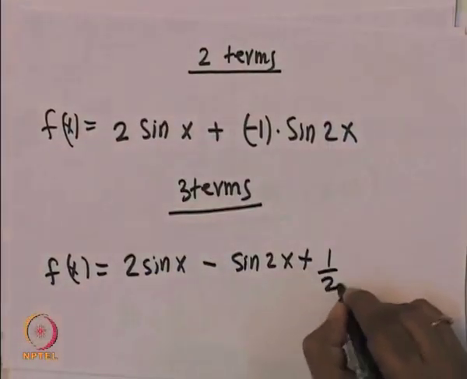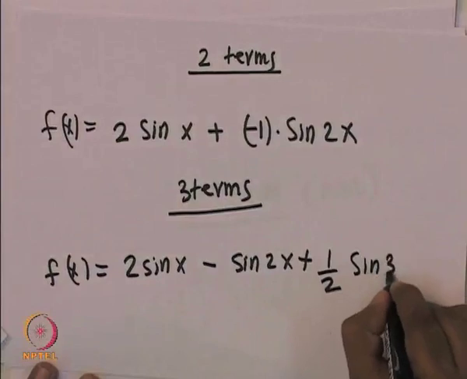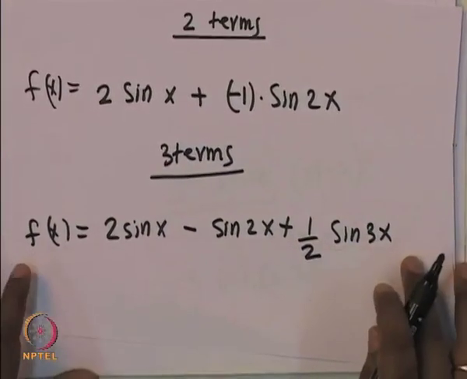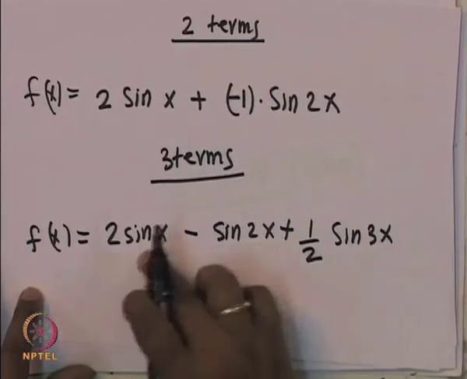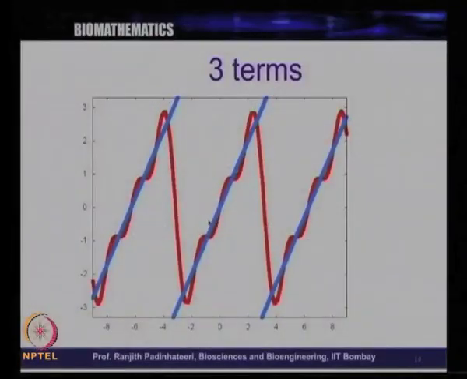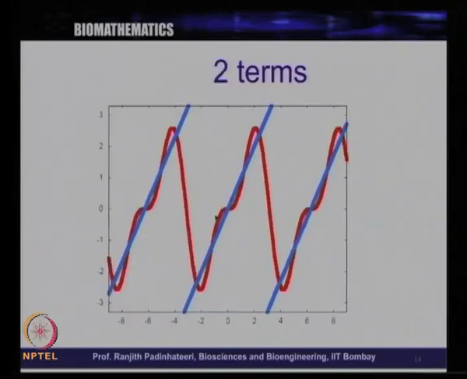If you add these 3 terms and plot this as f of x, what you get is this. So, 3 terms is slightly better than 2 terms.